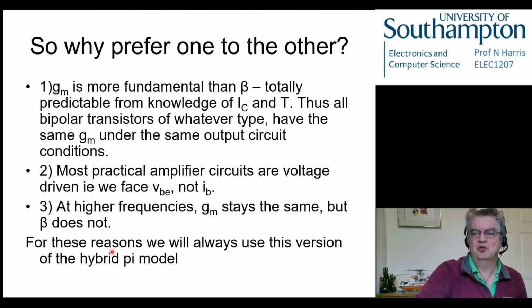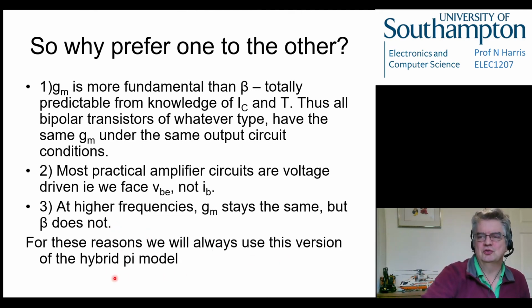So if possible, use this version of the hybrid pi model, the one with GM-VBE. They are the same, and these other effects are still there; they're taken into account in a slightly different way. Anyway, don't worry about that too much. Basically, use this model of the hybrid pi circuit and you won't go too far wrong.